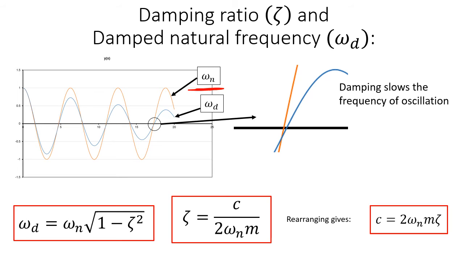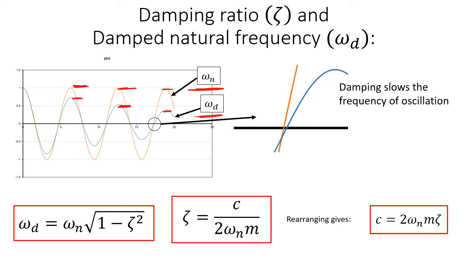And the blue line shows the response with a little bit of damping in the system, and we term that our damped natural frequency, and we give it the term omega d. We've already seen how the damping in the system can reduce the amplitude of oscillation, as we can see here on the graph each time. But what it also does is slow the system down slightly as well, which probably is obvious, maybe.